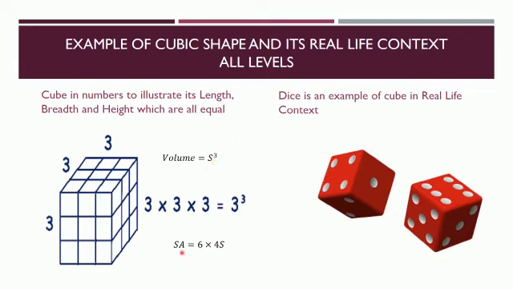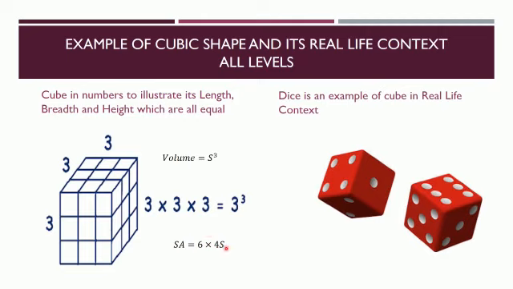And our surface area is all the 6 faces. All the 6 faces, which is 1, the opposite of it 2, 3 here, the opposite of it 4, the top one 5, and the bottom one 6. All the 6 faces are the same, and therefore their area is S squared.